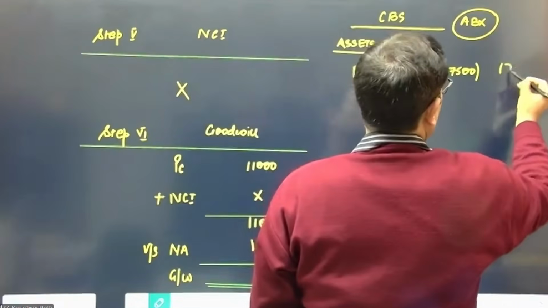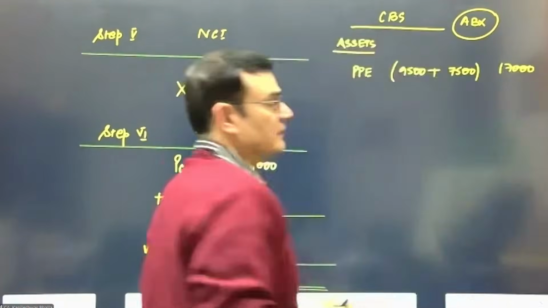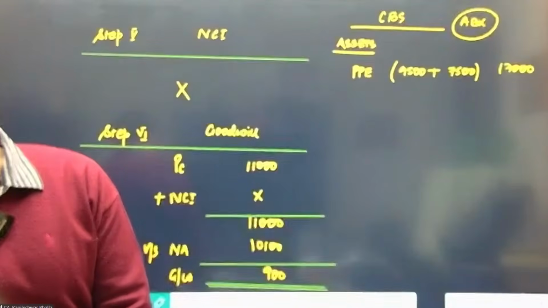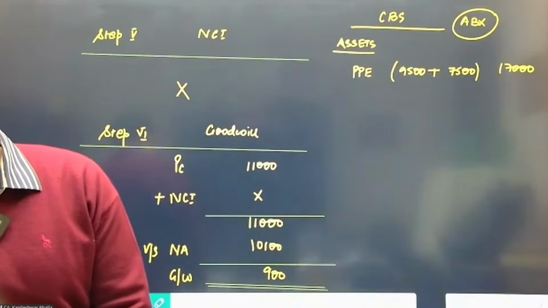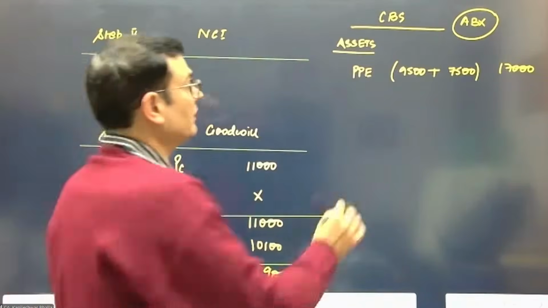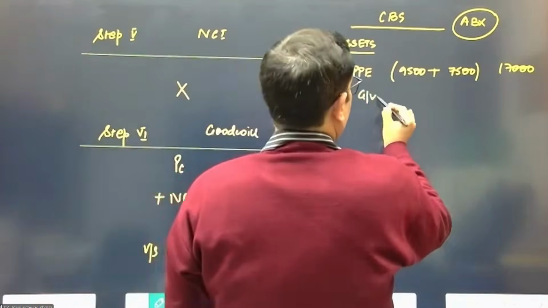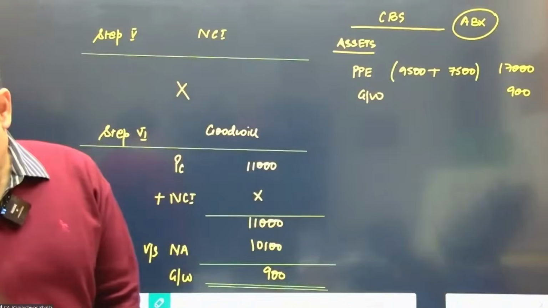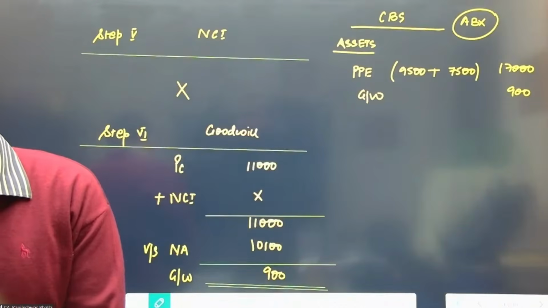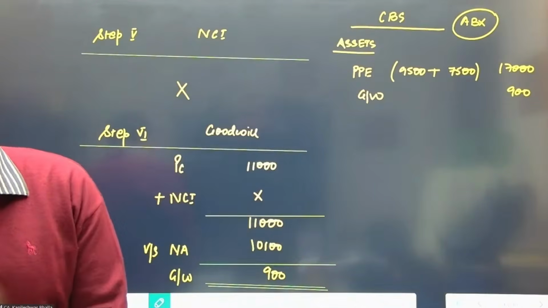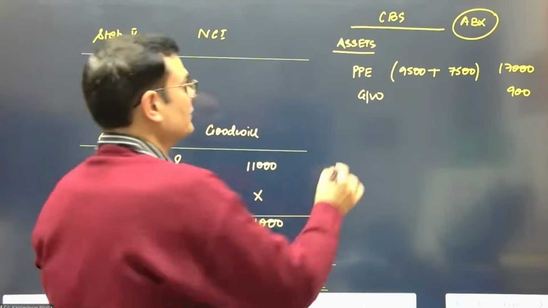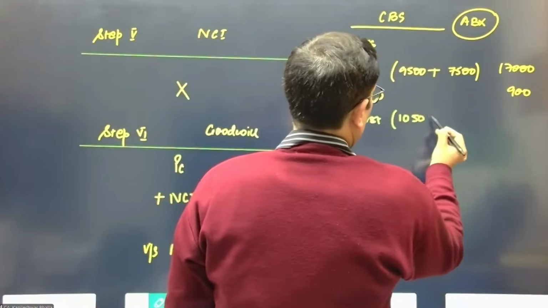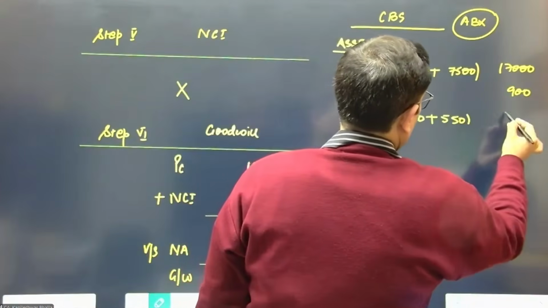So that comes to 17,000 as the property, plant and equipment. Next, lest we forget, there is a goodwill to the extent of 900. Next in the balance sheet is investments. We are not given any fair values, so we can directly consider 1,050 plus 550. That makes it 1,600.